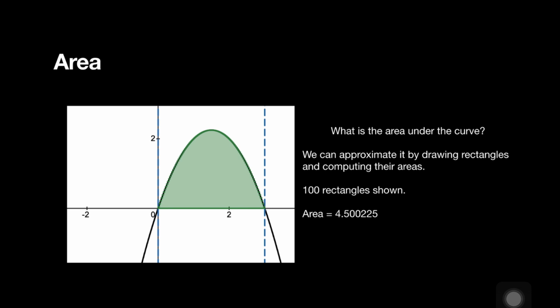So the idea is we can use rectangles, and if we increase our number of rectangles, we'll get a more and more accurate estimate for our area. The calculus problem is going to involve, well, how do I compute the exact area under that curve rather than just estimating it? And so that's our second really important calculus problem.